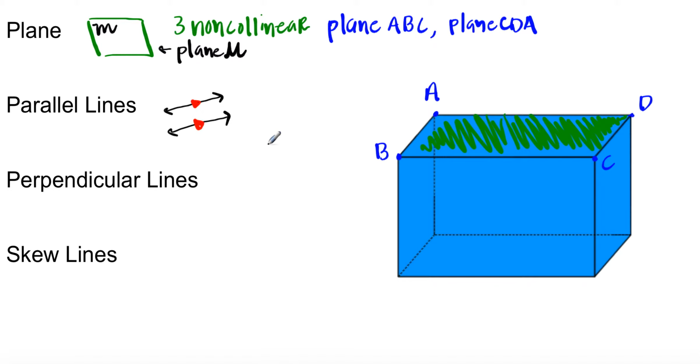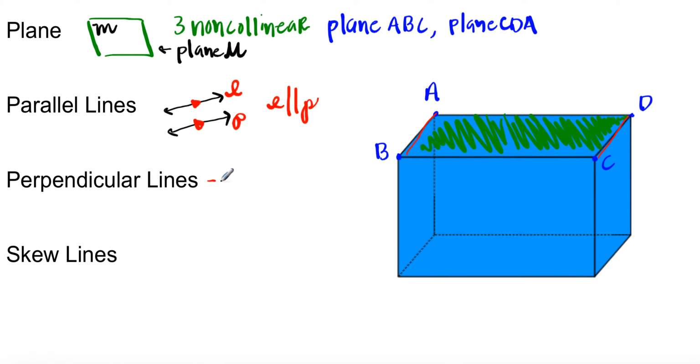That's a good marking to show they're parallel. I may call this line L and this line P, and I could say that L is parallel to P. And so those two bars represent parallel lines. Okay? And so in this case, looking at my three-dimensional figure, AB here is parallel to CD.